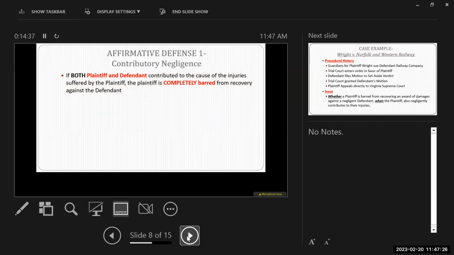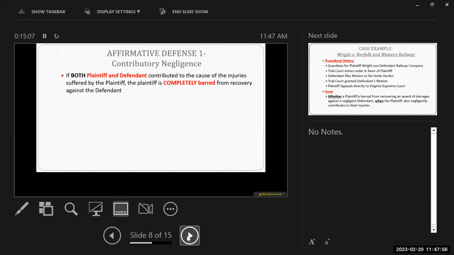Contributory negligence means that the plaintiff has also contributed by way of also being negligent. If both the plaintiff and the defendant contribute to the cause of the injury suffered, the plaintiff is completely barred from recovery.